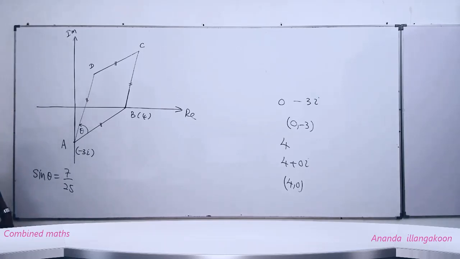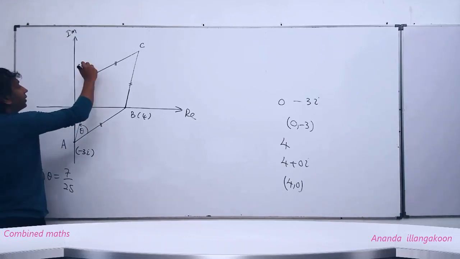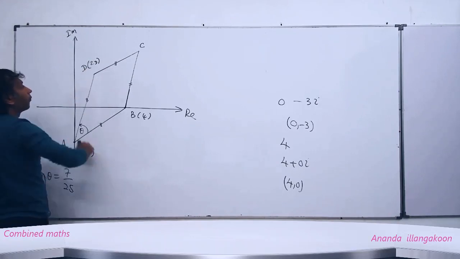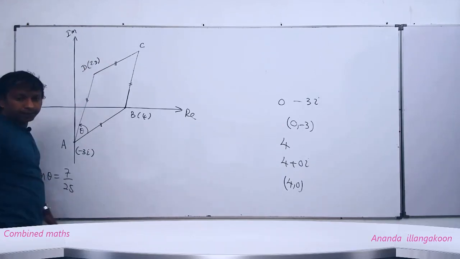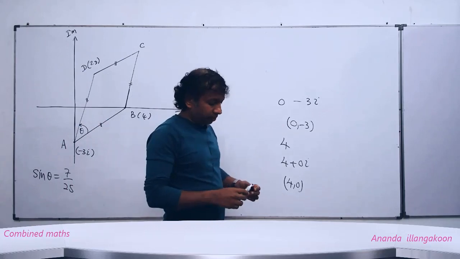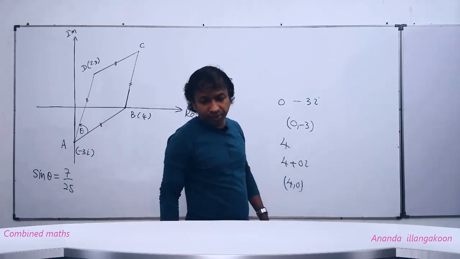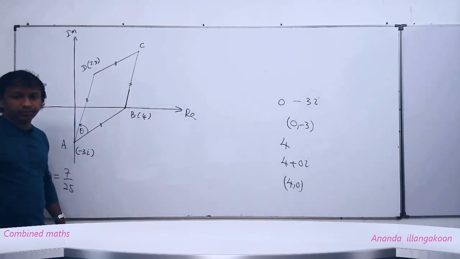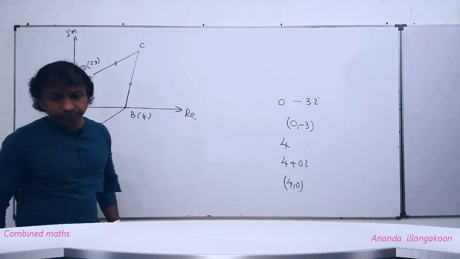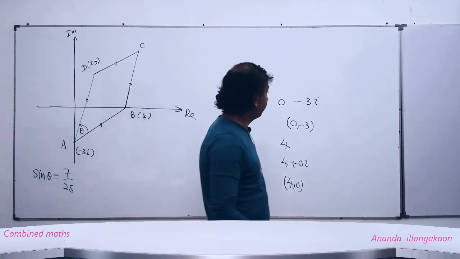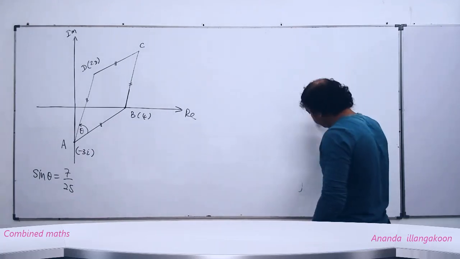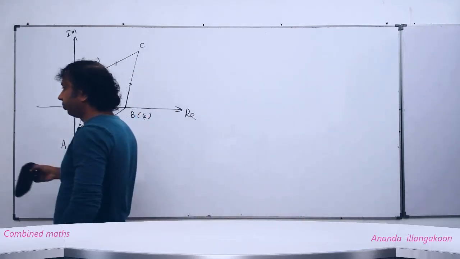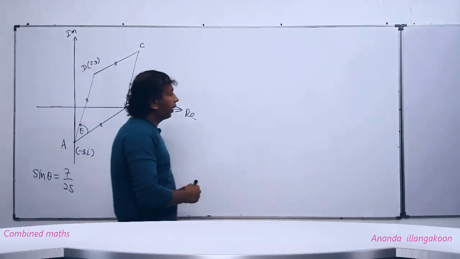Okay. Then can somebody tell me how to find the complex number at the point D? Can someone tell me by using what theory directly we can find the complex number at D? The rotation theory? Can you remember that theory?